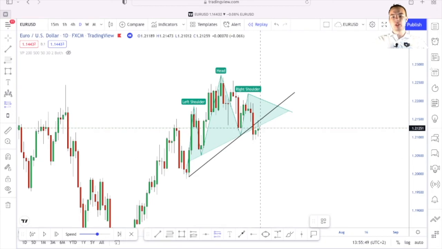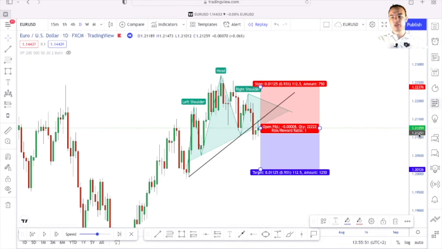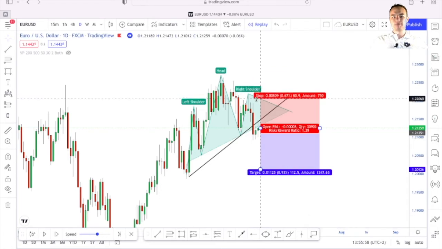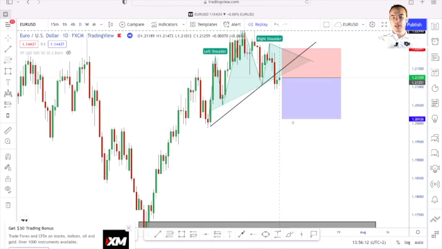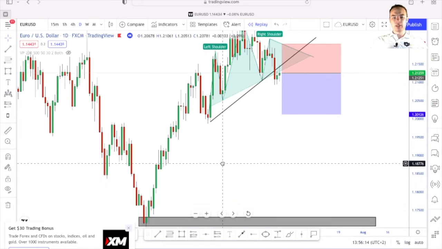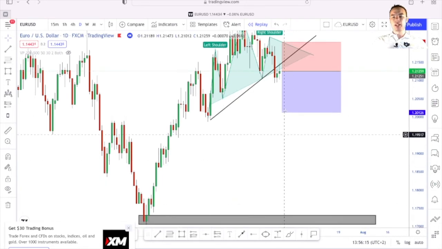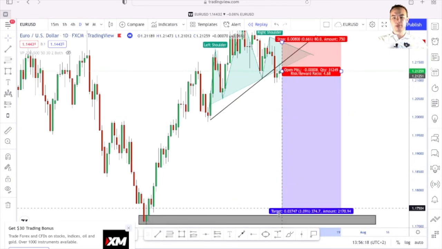So on that entry there, our entry is 1.21259. Okay, let's say our stop loss is just there, 80 pips. Okay, and our take profit is all the way at the bottom here at this institutional zone, for example.